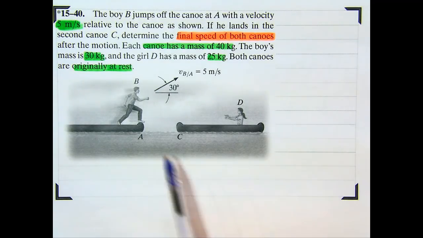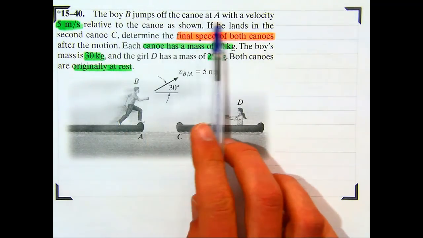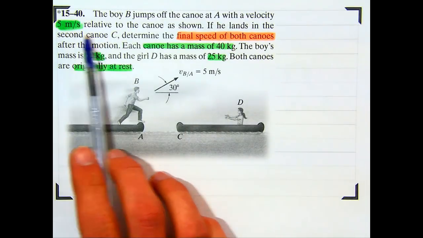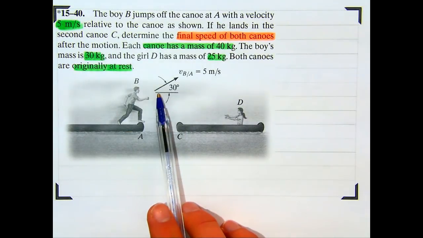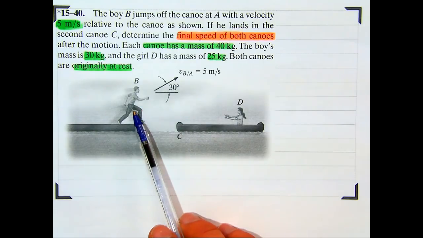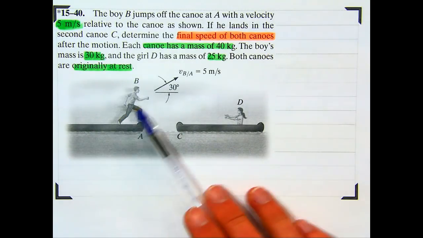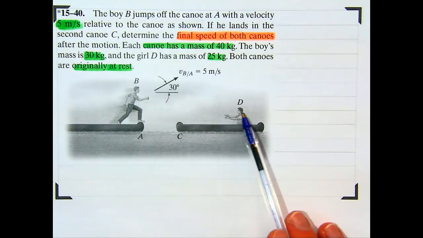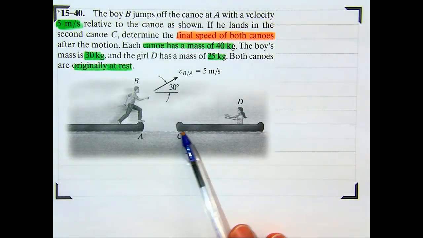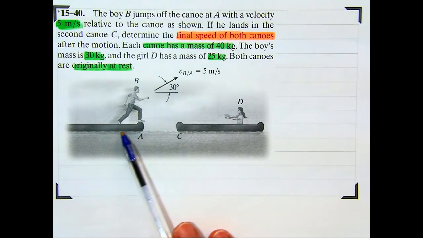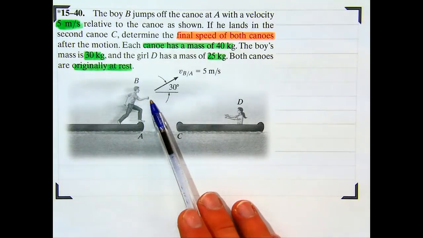They say the boy jumps off the canoe at A with the velocity of 5 meters per second relative to the canoe as shown. That doesn't mean he moves 5 meters per second, say, as seen by the girl or as seen by this canoe. It just means with respect to that canoe A, he moves 5 meters per second at that angle.